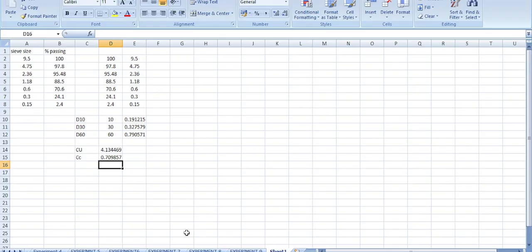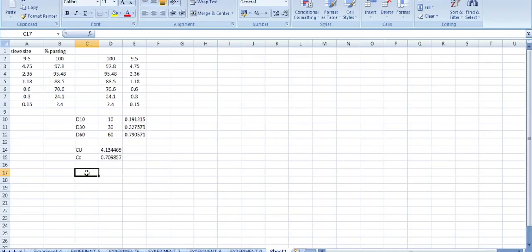So with these values, you can now go ahead and do your soil classification system. And a simple way of doing that is you are going to use what we call the conditional statement, the if command.